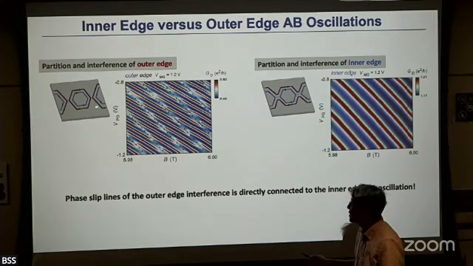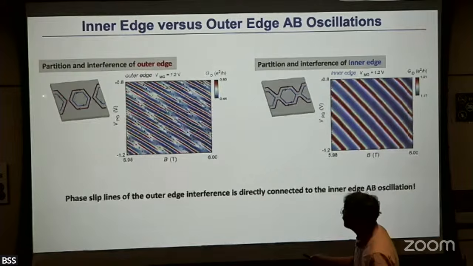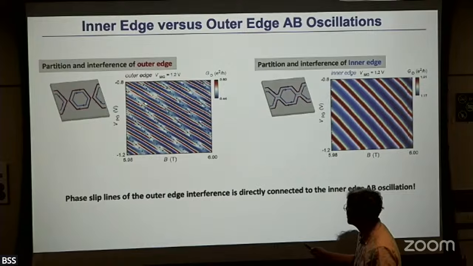It looks like a quantum dot, if you want, a ring-shaped quantum dot. And if we measure the interference on this integer quantum state, what you see is that a phase slip appears on the quantum states, and the phase slip is along this line that we have.